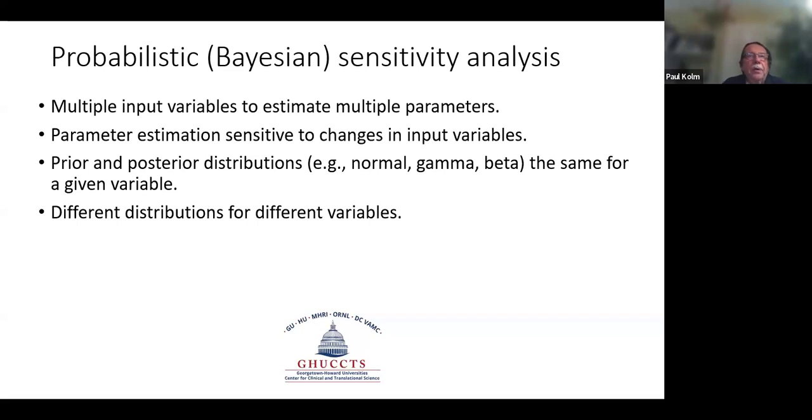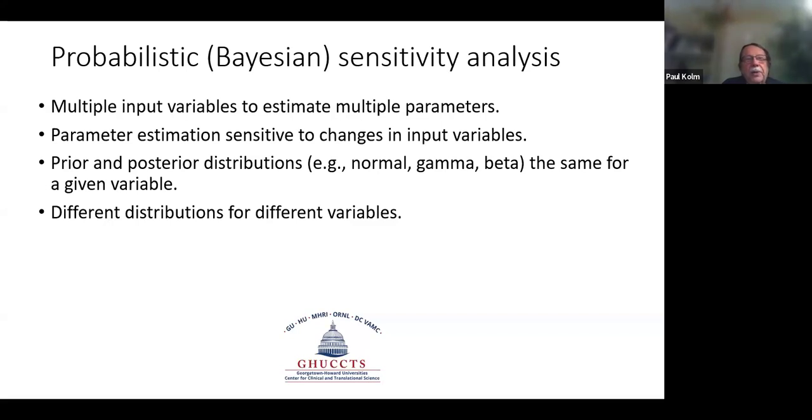Okay, I want to then finish up in terms of examples here with what's called probabilistic Bayesian sensitivity analysis. I'm going to do this because this is a common way, well, maybe not common, but it's becoming more used in situations where you have multiple input variables to estimate multiple parameters.